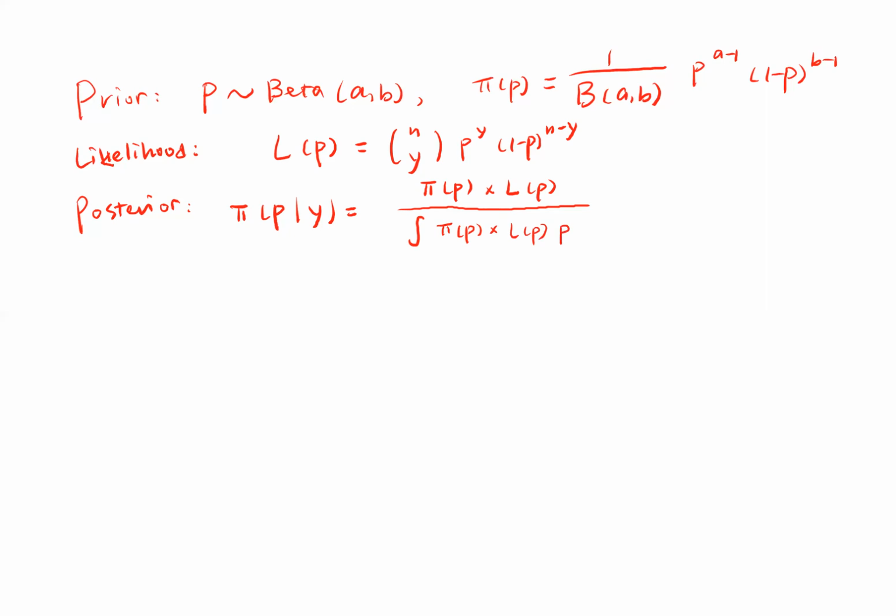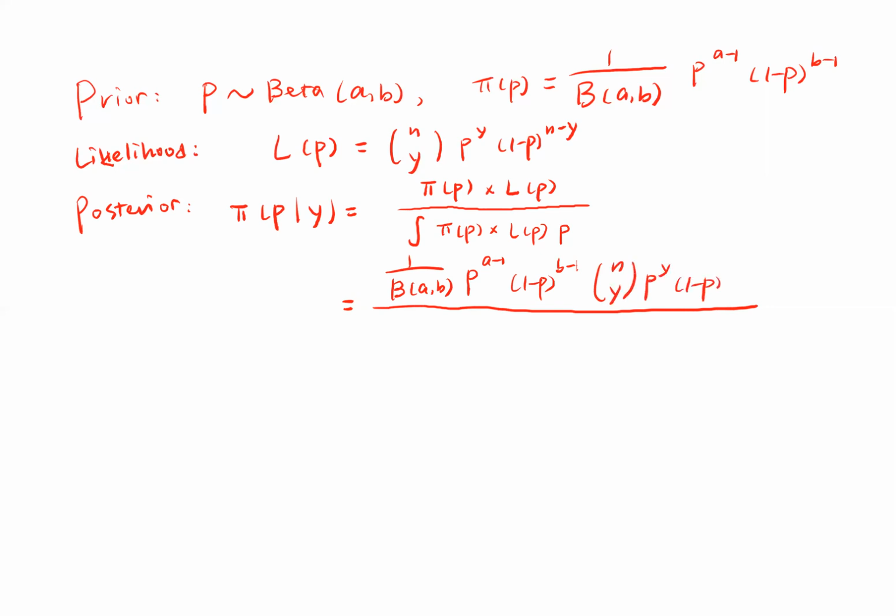And what we were left with last time is we can start writing those terms here. So I'm just going to repeat this here. 1 over B(a, b), P to the power of a minus 1, 1 minus P to the power of b minus 1, and then the choose function n choose y, P to the power of y, and then 1 minus P to the power of n minus y. Okay? The denominator is almost the same, except that we're integrating with respect to P here.